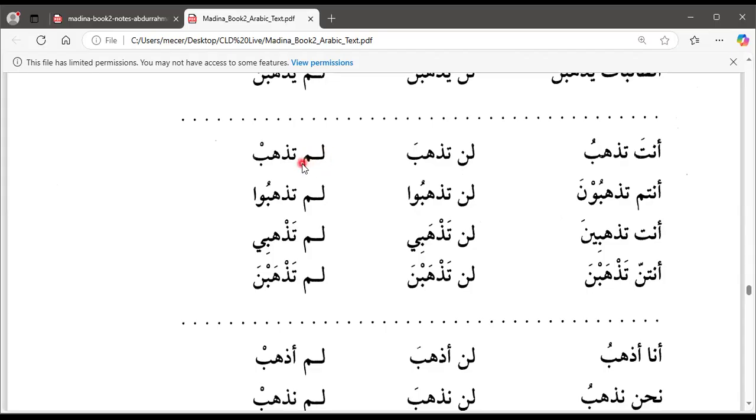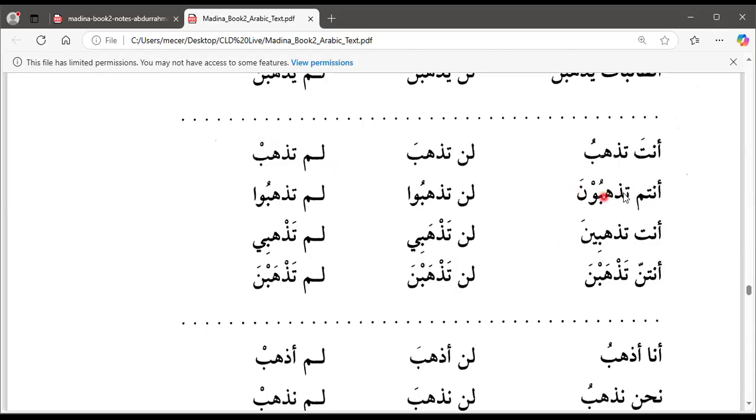So you say lam tadhab. So yeah, this is anta tadhab. You put sukun here, so it becomes fi'l mudari' majzum, alamatu jazmi sukun. Okay. Antum tadhabun.